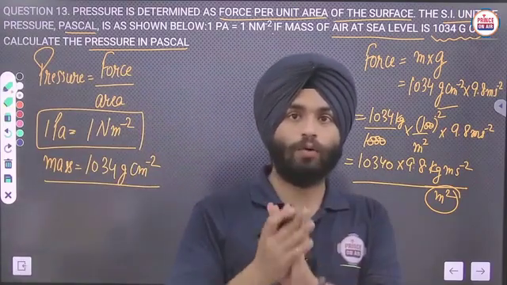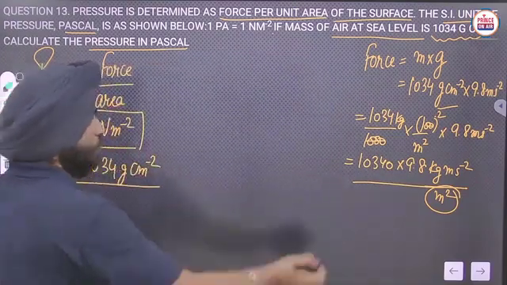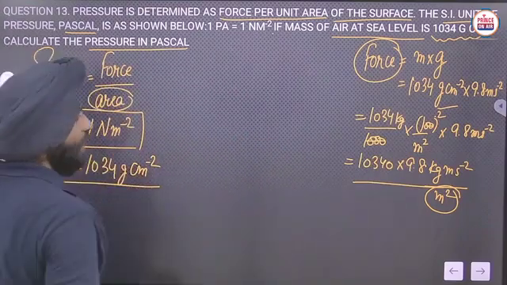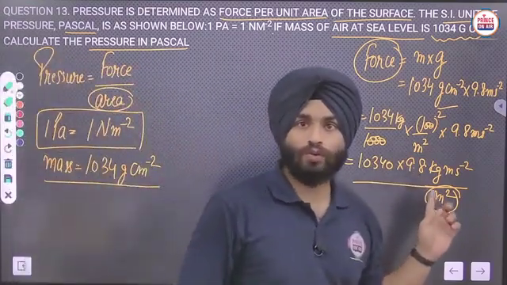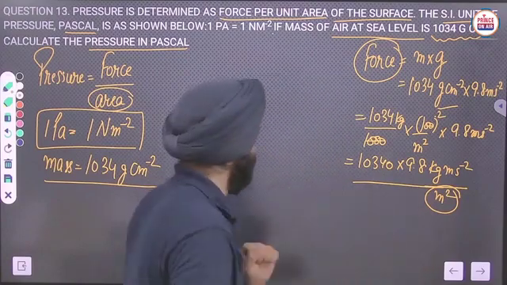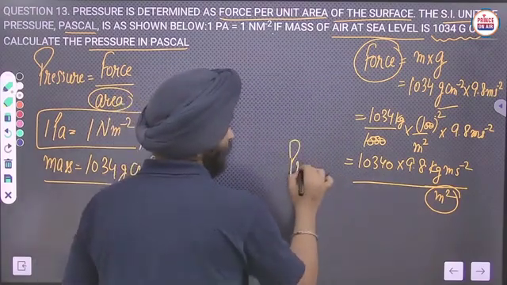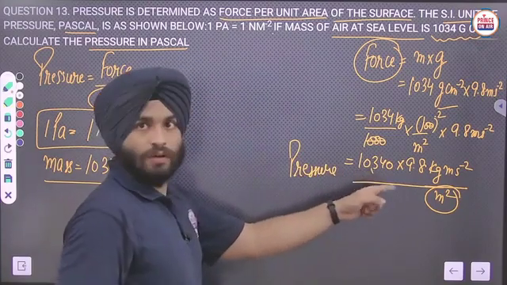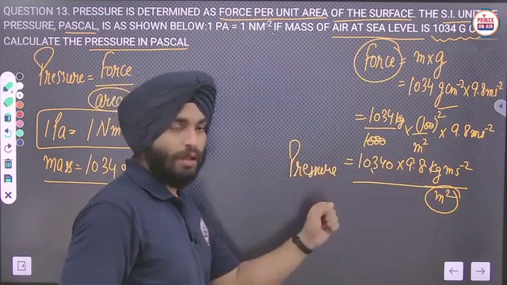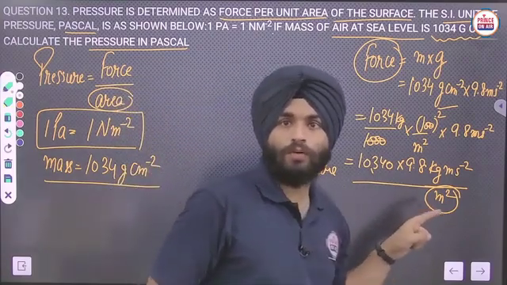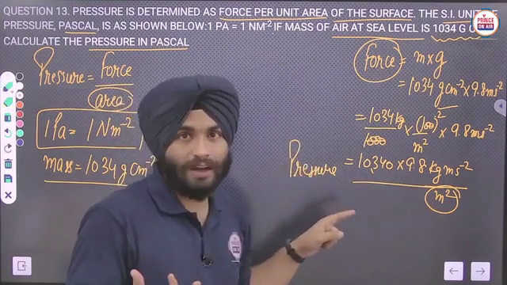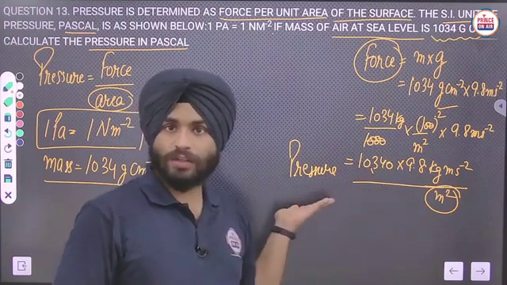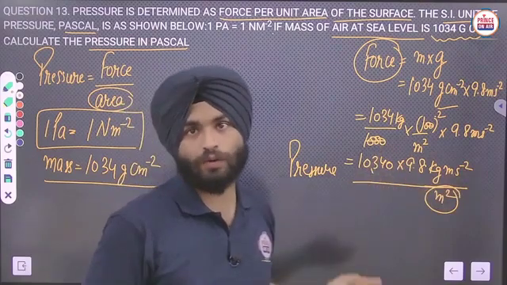That all values we got. So this one is the force, and we all know that force per unit area is pressure. So that value which you got, that is pressure, because this whole value on top is a force, and here is the unit area. So force per unit area is pressure. That's why we got the pressure this way.